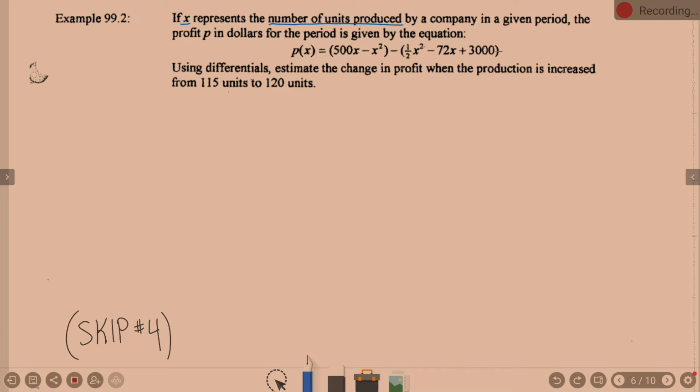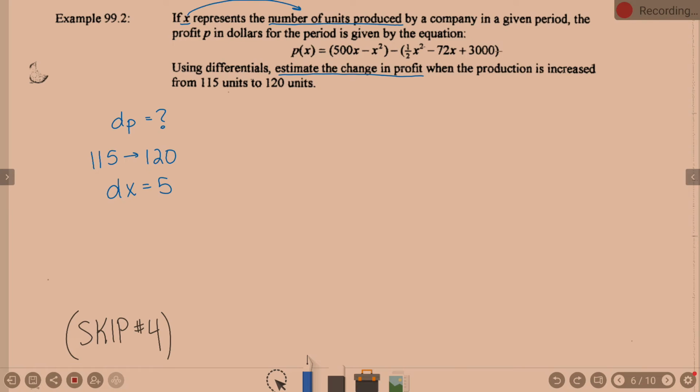Let's see. We're being asked to estimate the change in profit. So what am I trying to find? DP. When the production is increased from 115 units to 120 units. Okay, so if we're going from 115 units to 120 units, and X represents the number of units produced, then going from 115 to 120 is your change in x.